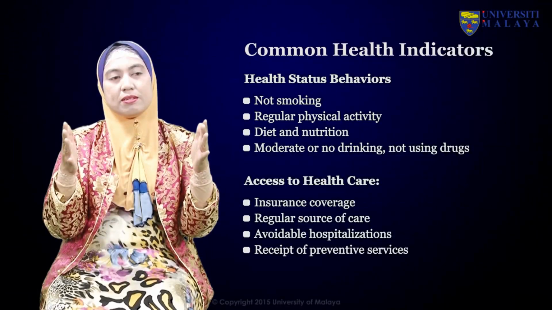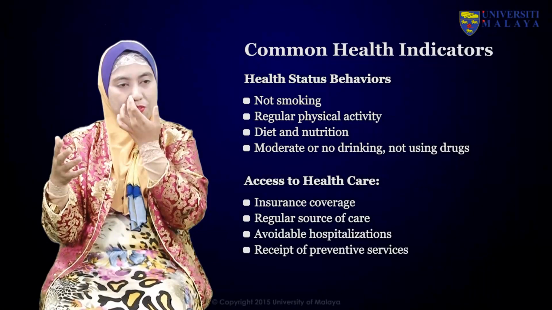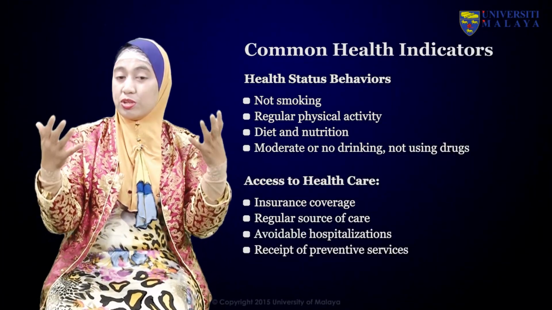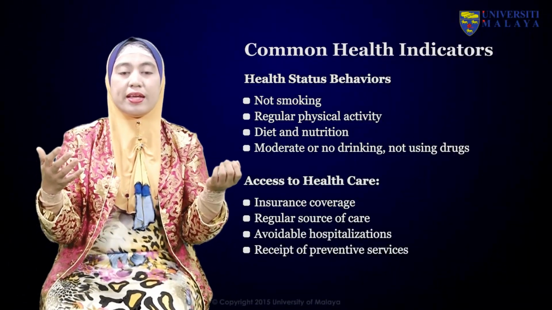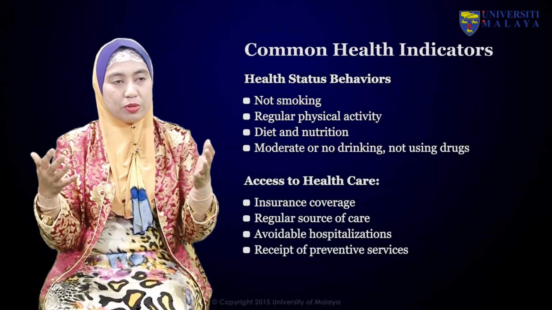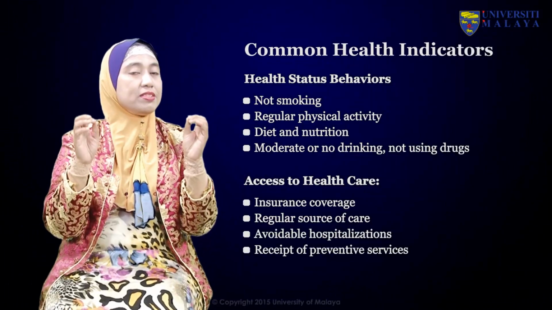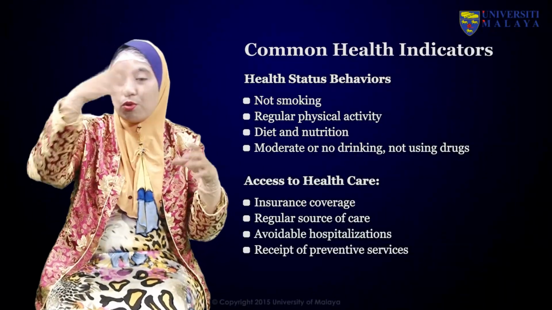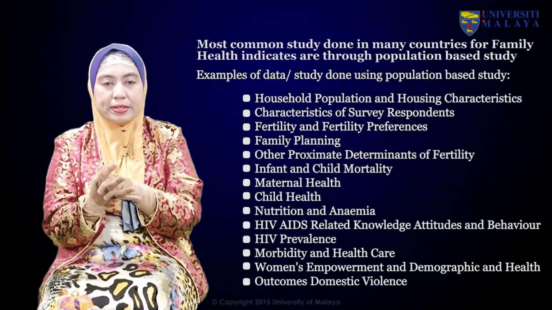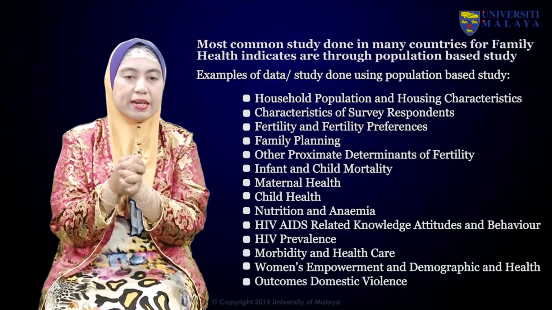So it is advisable that any country that wants to be on the list of developed countries has insurance coverage for the population, and they should have a regular source of care, and try to avoid hospitalization as much as we can, where we can treat only at a clinic or specialist clinic, and preventive services must be ahead of curative services.